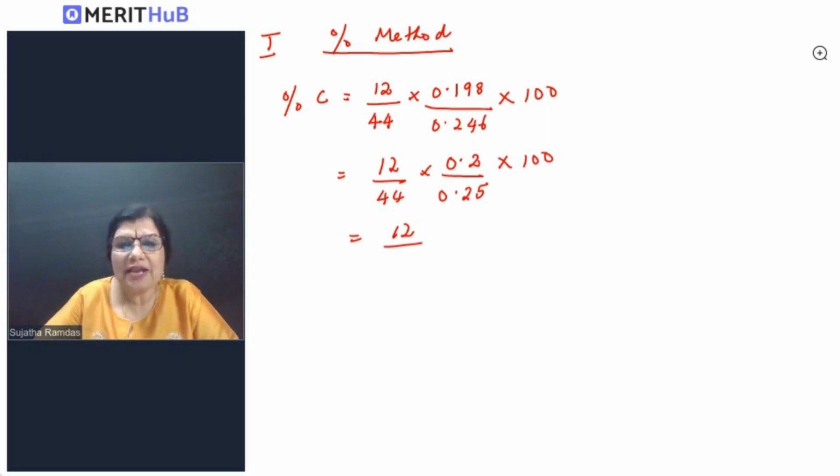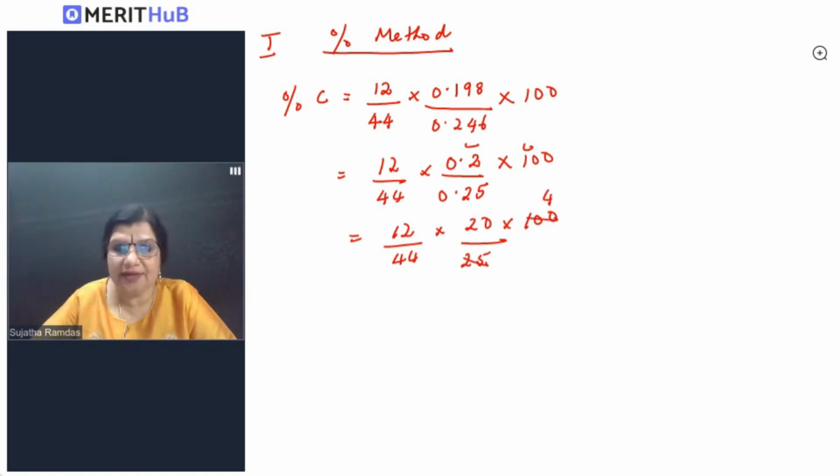Now, 12 by 44, now 0.2 into 100 will be 20 into 0.25. I am removing the decimal, I am introducing 100 in the numerator. So 0.2 into 100 is 20 and 0.25 is nothing but 25 by 100. Now we know that 25 fours are 100, 4 elevens are 44, right?